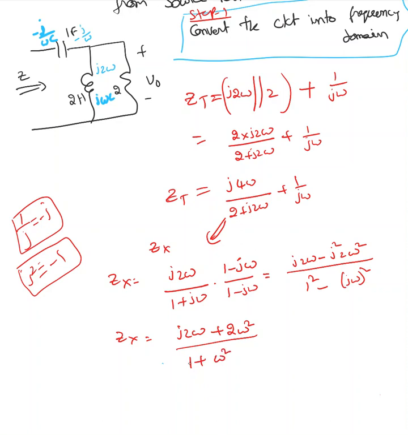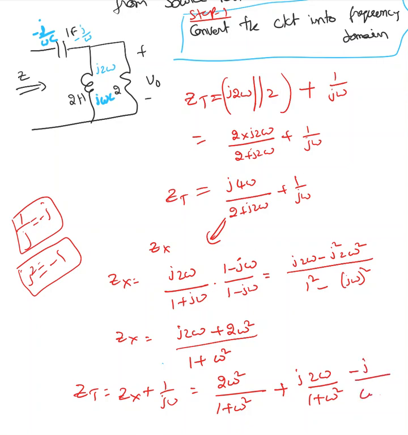Now I don't have any imaginary part in the denominator. So my Z total is Zx plus 1 over j omega. I'm going to write this as 2 omega square over 1 plus omega square, plus j 2 omega over 1 plus omega square, plus 1 over j omega, which I put as minus j over omega. So that's my Z total.